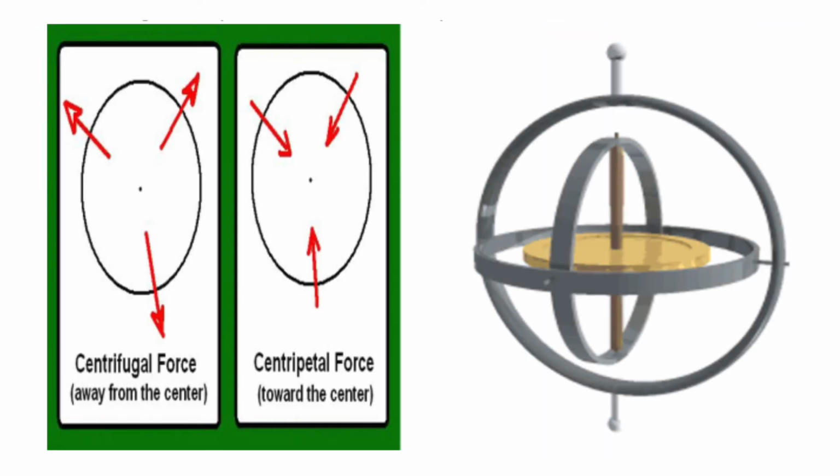As a physical mechanism, this proposed inverted centripetal force can be demonstrated using a gimbal device, which creates three-dimensional rotation. The gimbal device is composed of three concentric rings connected by axles at 90-degree intervals.